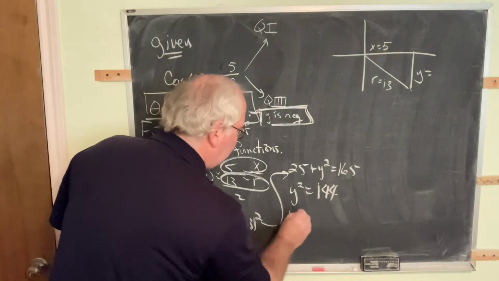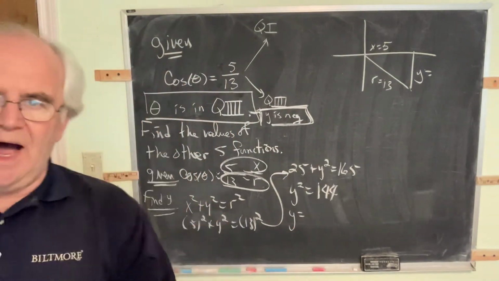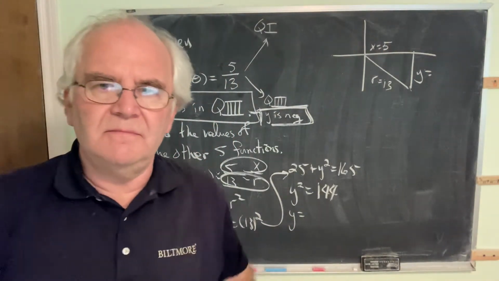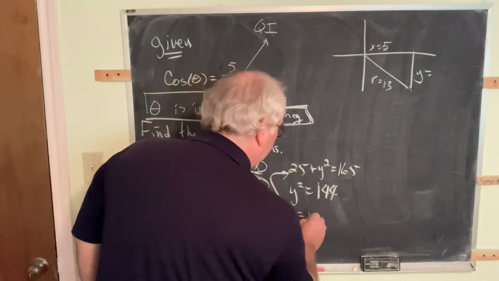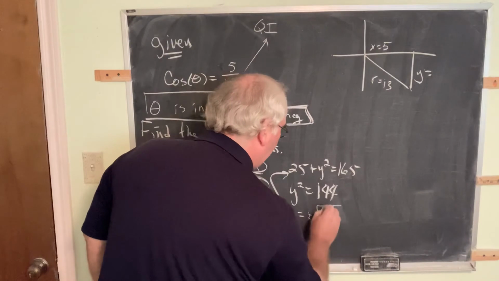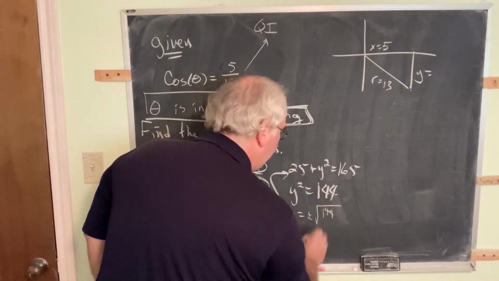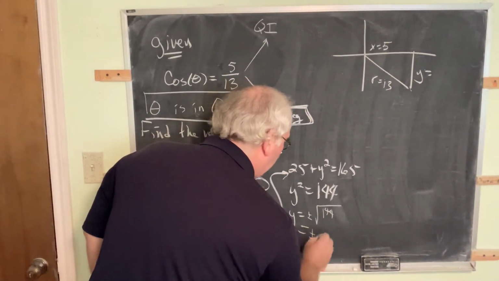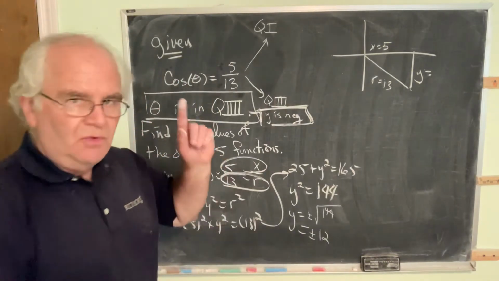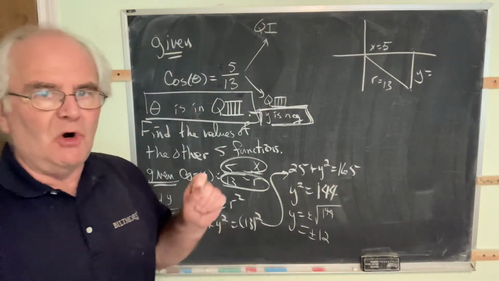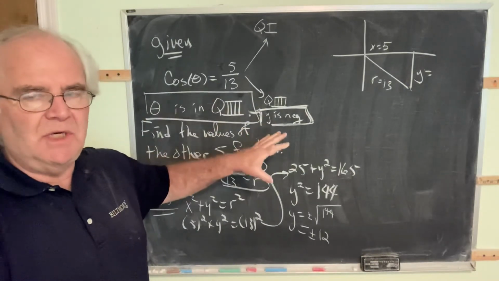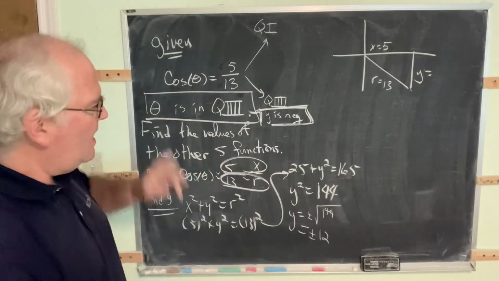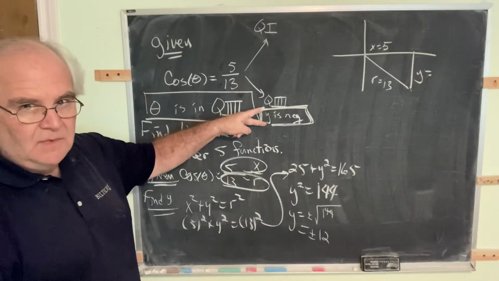And what is y equal to? Y is not equal to 12. Y is plus or minus the square root of 144. It is plus or minus 12, and you choose the appropriate positive or negative based upon what you're using in your particular problem, and it's right here.